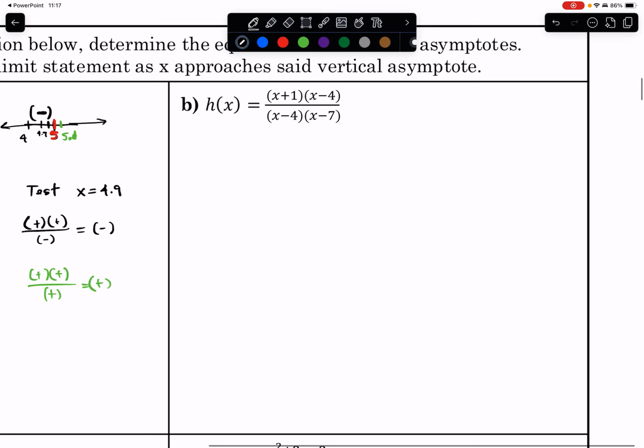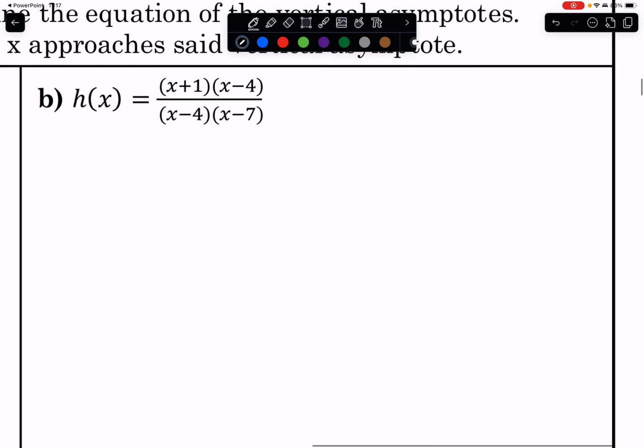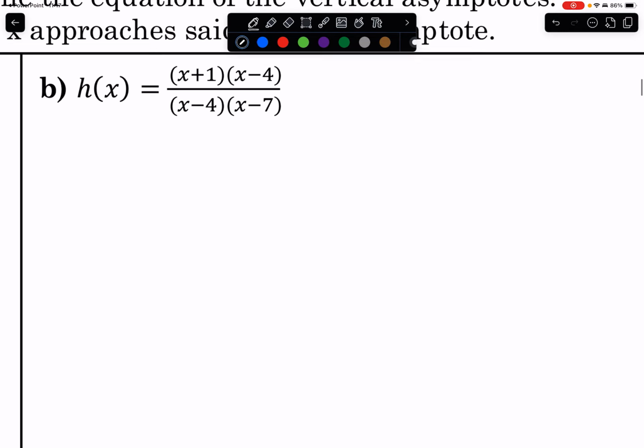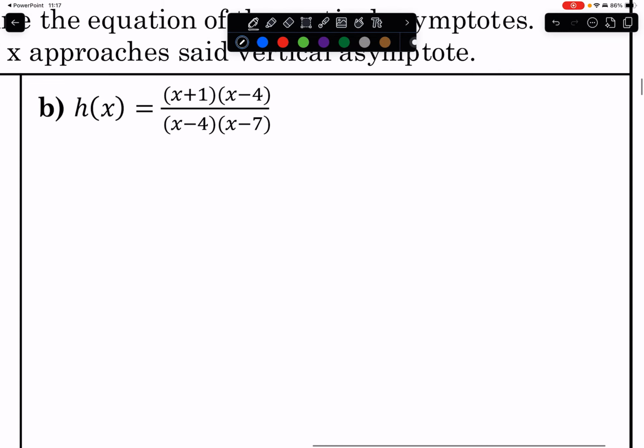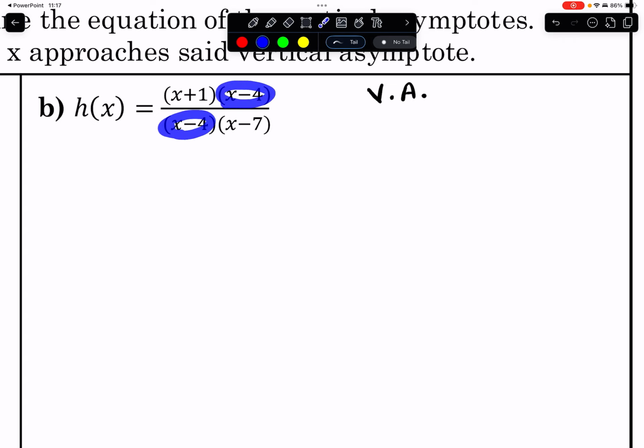All right, so on this next example, example 2b, let's first find the vertical asymptotes. First of all, we have to check that there's no common factor. For example, this one right here and this one right here are common factors, so those do not count. So I don't have to worry about what's going to make x minus 4 equal to 0.